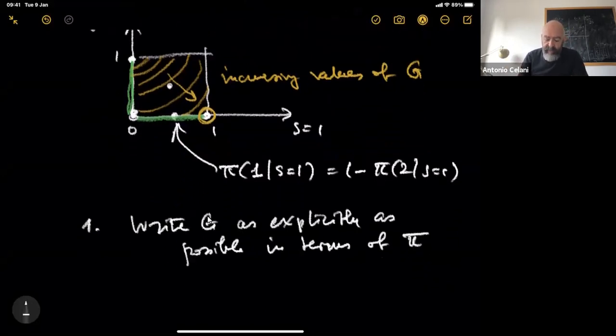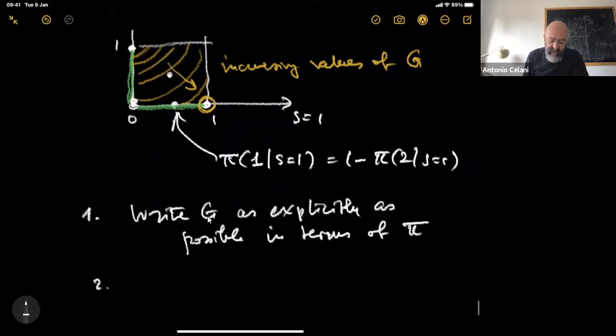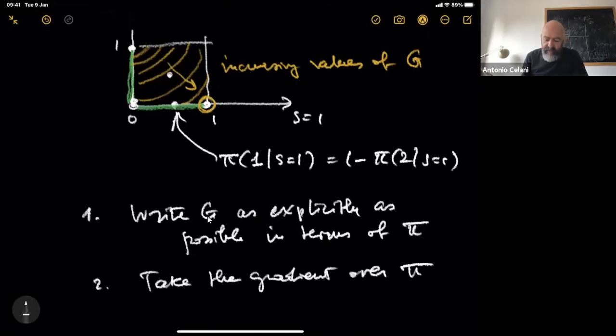This is the first step, which will take us to the second one, and then we can take the gradient over pi. Okay, so we want to find this object here.